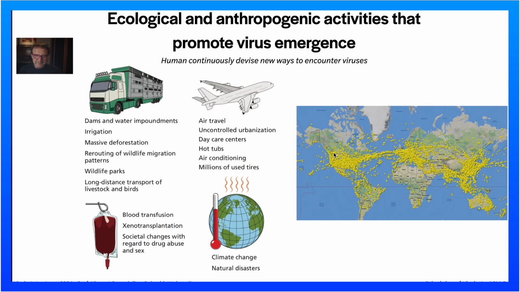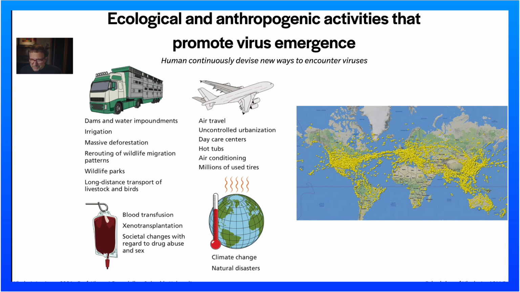What else? Well, anthropogenic activities. Humans continuously devise new ways to encounter viruses. Dams, water impoundments, irrigation, deforestation, transport of animals, blood transfusion, air travel, urbanization, daycare centers, hot tubs, air conditioning, use tires that carry mosquitoes, climate change, natural disasters.